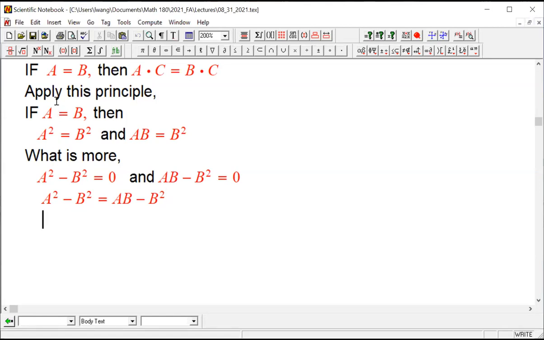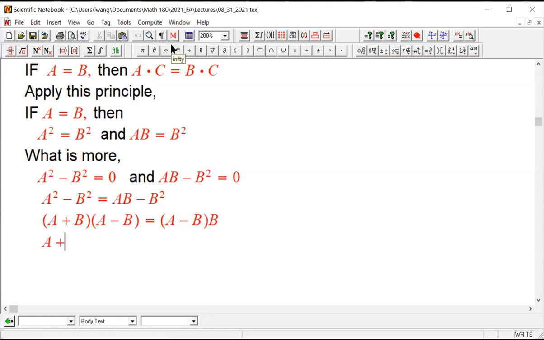And next, I'm going to factor both sides. Yesterday, we talked about difference of squares, conjugates. So now A squared minus B squared, we have A plus B times A minus B, and we know that's true. And on the other one, we're going to factor, so we're going to have A minus B times B. They're all factored, right? And then we're going to cross out A minus B on both sides.